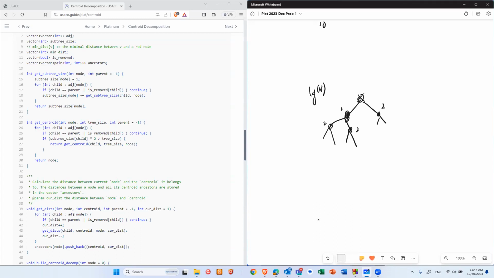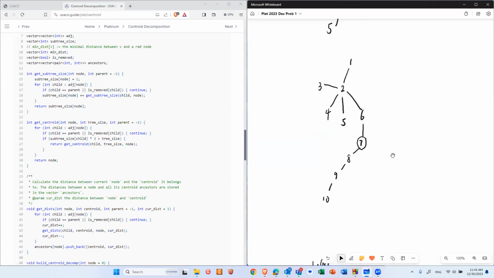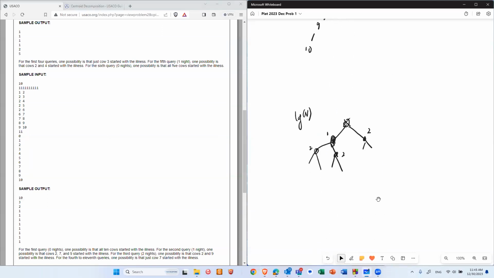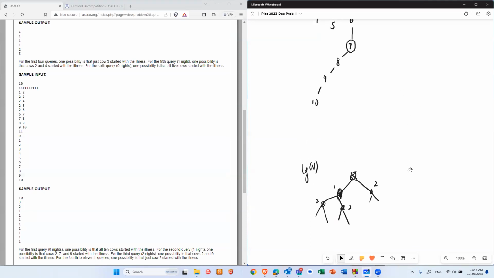Once you have the centroid, if you look at the problem I have here, what I'm doing is, once you have the centroid, you can get to every node in log n time, and you break it down into the easiest way to access.